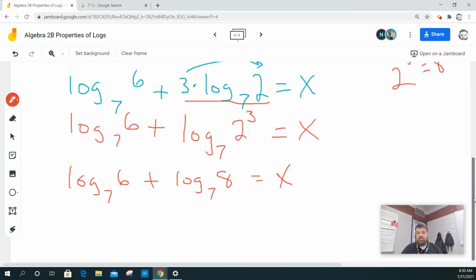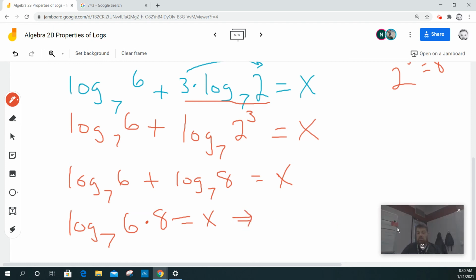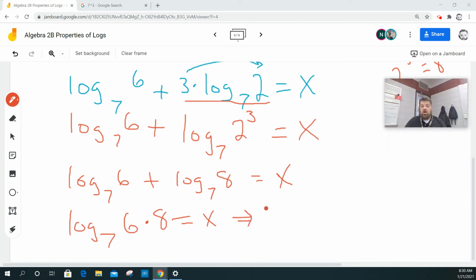So now that's a product. So I could say the log base 7 of 6 times 8 equals x, which is really the log base 7 of 48.